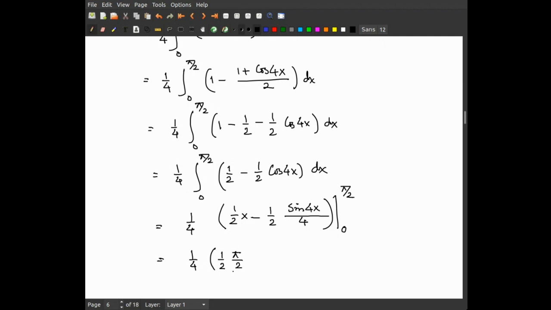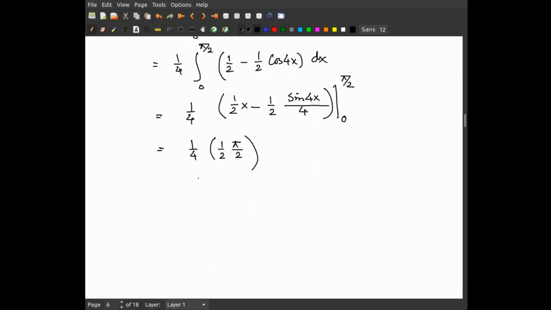If I put the lower limit, then I can see the first one, half x, is 0, as well as half sine 4x over 4, that is also 0. So, no new terms are being added. So, that would be the end. So, we can just simplify and write it. The top one is pi times 1 times 1, which is pi. The denominator is 4 times 2 times 2, which is 16.